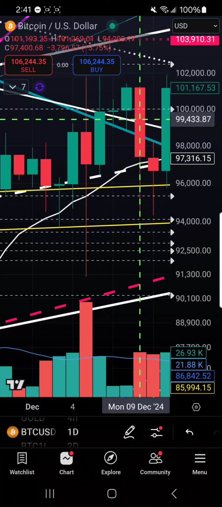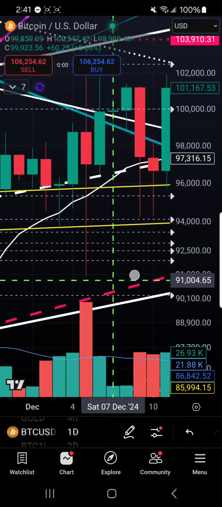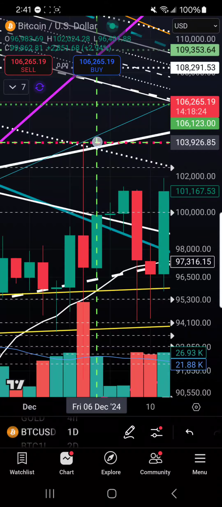I mean, just look at that candle. It went all the way up to almost 104 on that day, and down to 91. It was a $13,000 candle. So that red dotted line is the top of that wick.